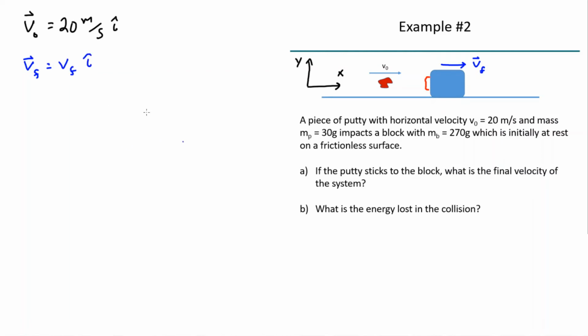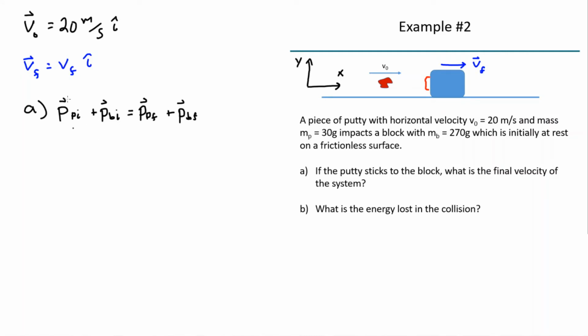Okay, so part A, we want to find the final velocity of the system. Well, we can do this using conservation of momentum. That is, we know P initial of the putty plus P block initial equals the final momentum of the block plus putty, so P putty final plus P block final.